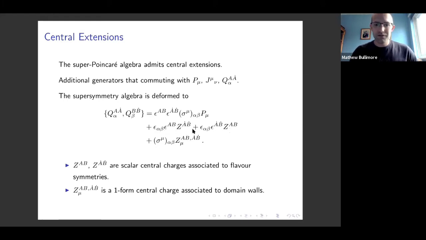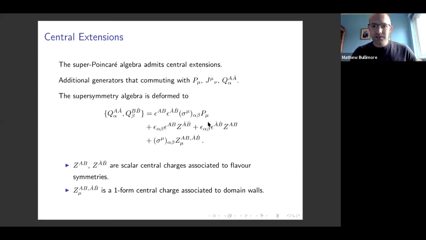So, for example, in the first term here, if you want to get a scalar, you have to replace the momentum, which is a vector, by something. You can do that with the invariant tensor of SU(2). Oh, sorry, but that's antisymmetric, so the thing that you exchange it with has to be symmetric. So this scalar charge here is symmetric in its indices, and so on and so forth.